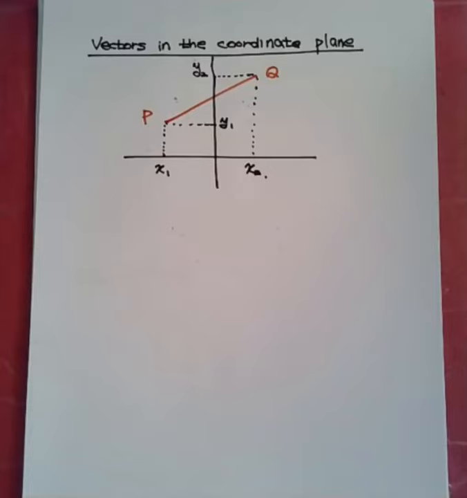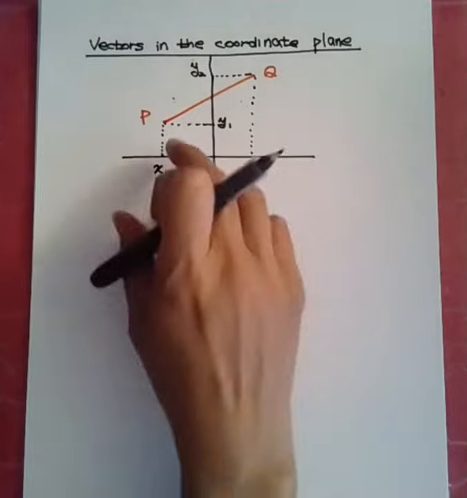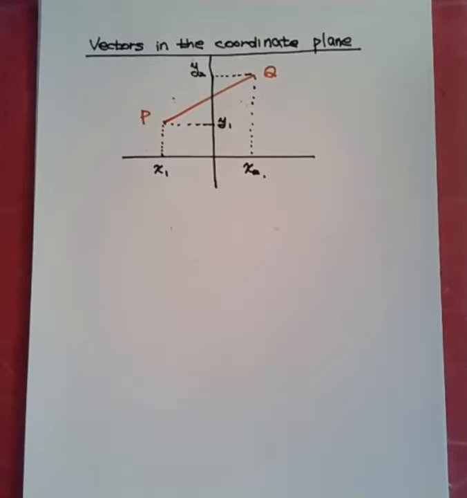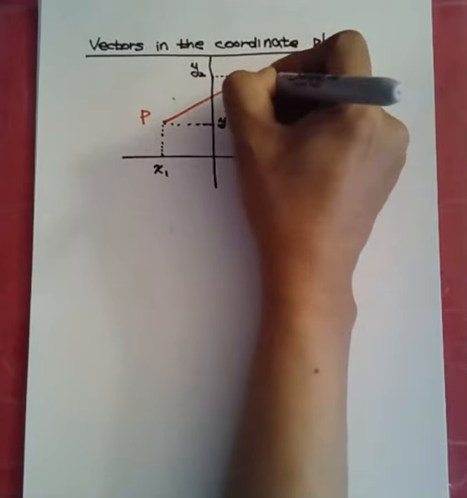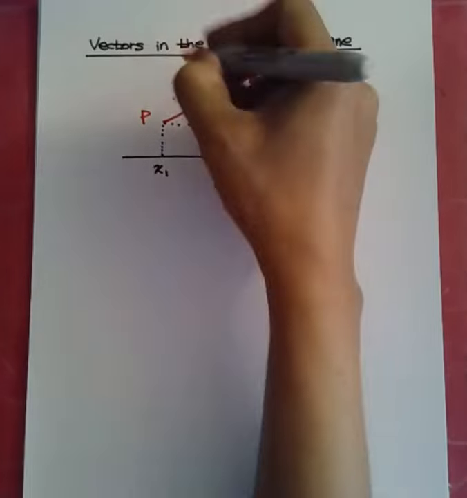We can locate the vectors in the coordinate plane and denote those with a coordinate form. We have a vector p to q. Let's say this vector is v.